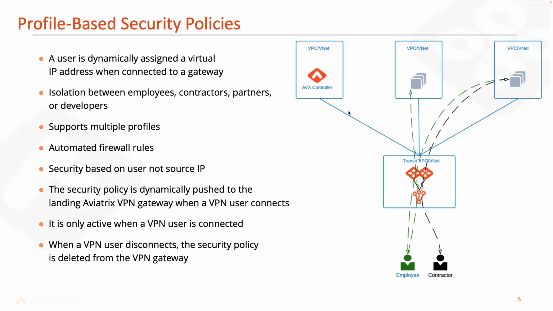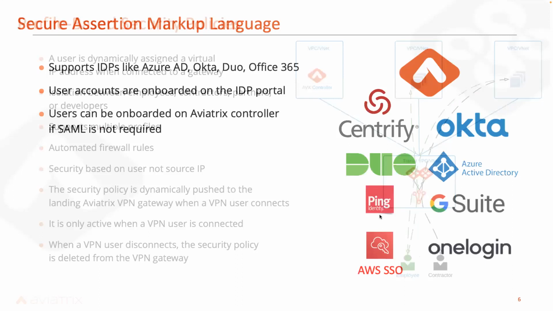It will tell the controller, which will push the relevant rules to the VPN gateways that are behind the load balancer. And this is how we will ensure that the employee is able to access certain resources, whereas the contractor is able to access other resources. All of this happens dynamically. You don't need to be aware of any of the rules. When a user connects, the rules will be imposed. When a user disconnects, the rules will be deleted.